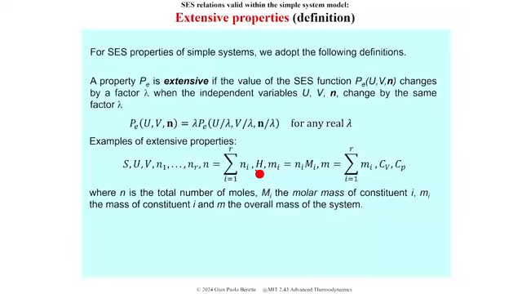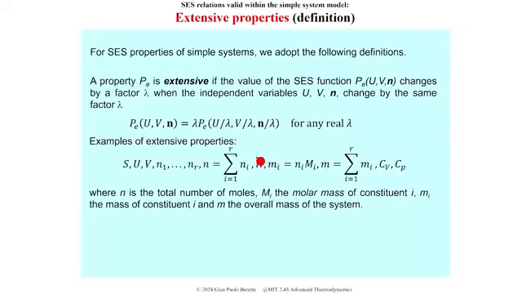But if you have a simple system in which you can assume that these independent properties are all divided by the same number, we have said before that the partial derivatives of the fundamental relation, including pressure and temperature, do not change if you make this particular change of variables.